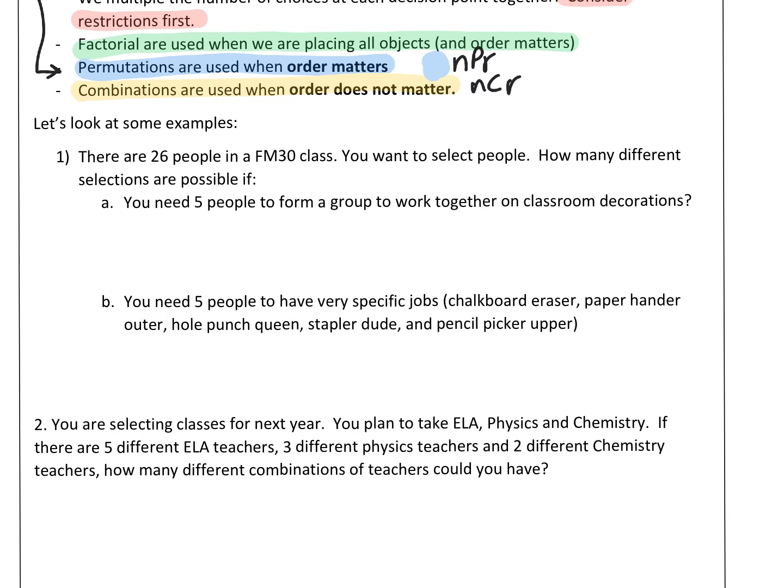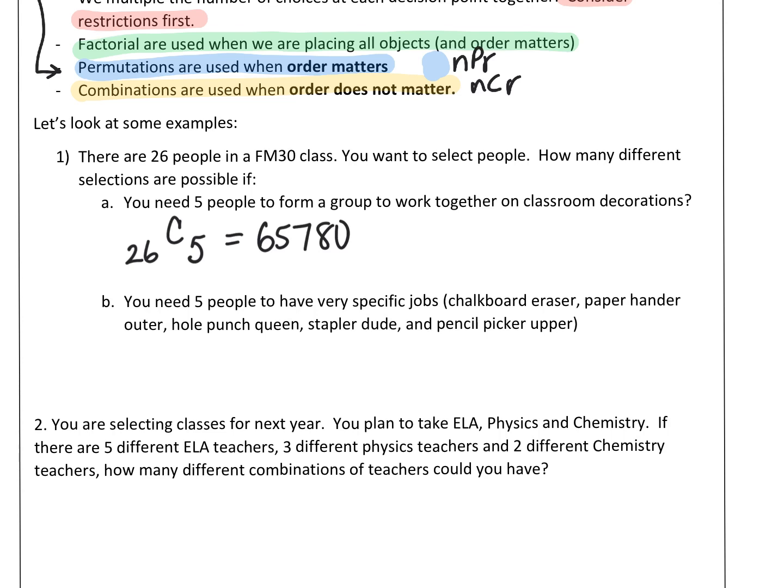So it doesn't matter what order it is. So that means that it is a combination question. Okay, so if order does not matter, it's combination. And it is going to be the total that I have to select from, 26 choose 5. And that gives me 65,780 different groups of people that I could form to work together, which is kind of crazy when you think about it.